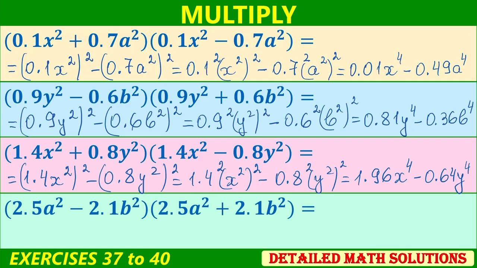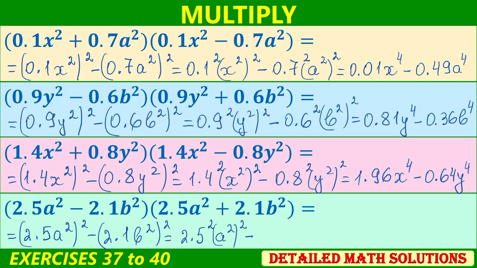Lastly, I'm going to multiply (2.5a squared minus 2.1b squared) and (2.5a squared plus 2.1b squared). Again, when I apply the formula, I have (2.5a squared) squared minus (2.1b squared) squared, which equals (2.5 squared a squared) squared minus (2.1 squared b squared) squared.